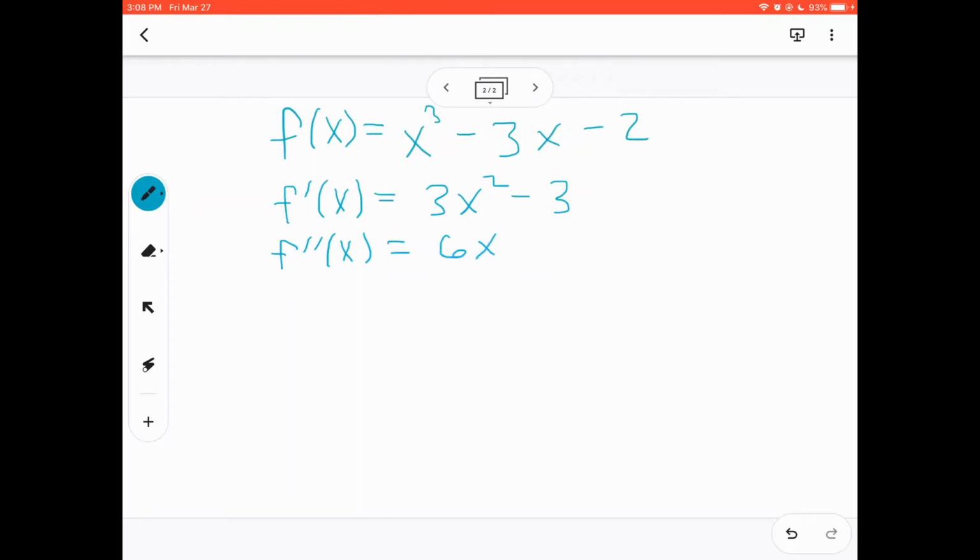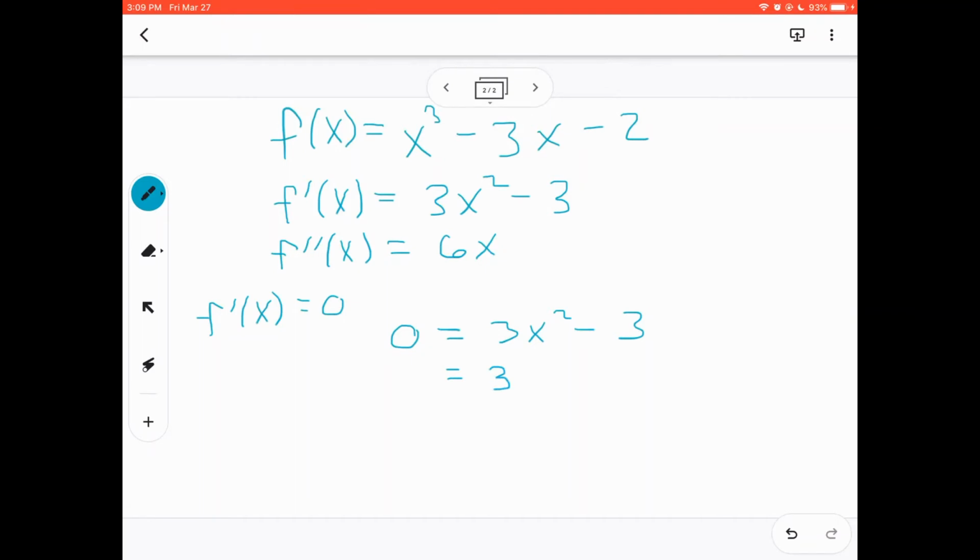Alright, so let's find the critical points. Now for a polynomial, the critical point is when f prime equals 0. But for other functions, it's when f prime equals 0 and when it's undefined. Again, since we have a polynomial, we'll just stick to f prime of x equals 0. So 0 is equal to 3x squared minus 3. And we'll just use factoring as our technique to find the zeros.